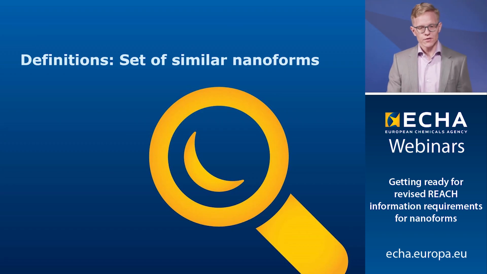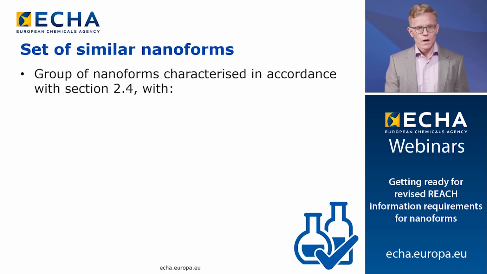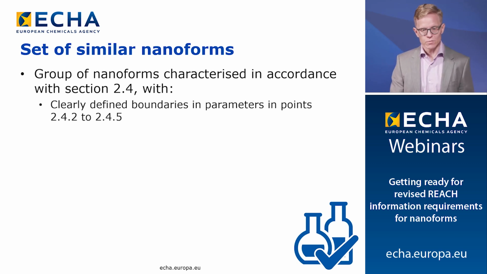Then I go to the definition of the set of similar nanoforms. The updated Annex 6 defines the set of similar nanoforms as a group of nanoforms with clearly defined boundaries in terms of the characterization parameters in points 2.4.2 and 2.4.5.